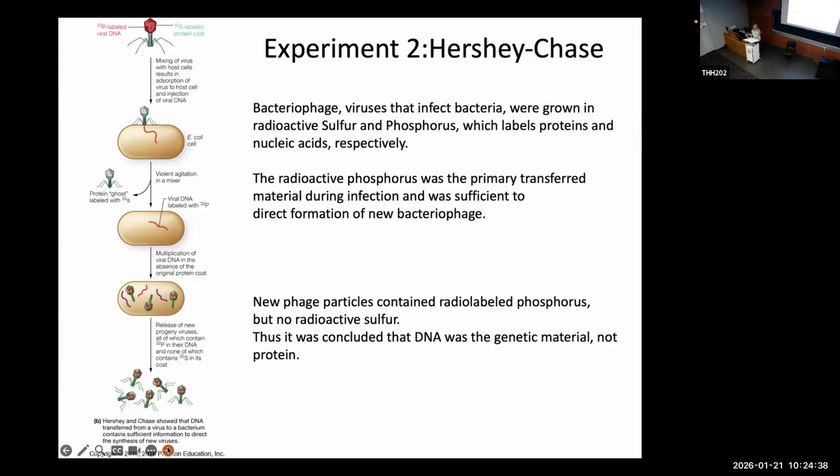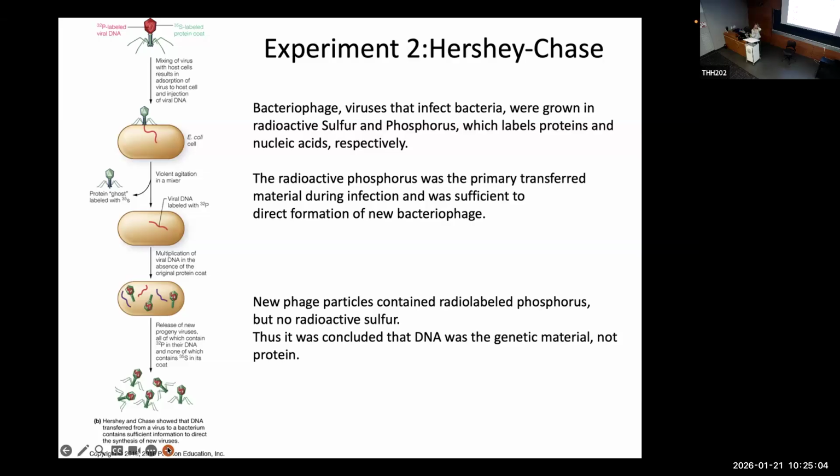So, the experimenters wanted to determine if the production of new phage was mediated by the DNA, which was injected into the cell, or was it mediated by the protein coat that was hanging out there on the outside? So what they did was to use radioactive isotopes, and they grew the phage in P32, phosphate that was radioactively labeled phosphate.